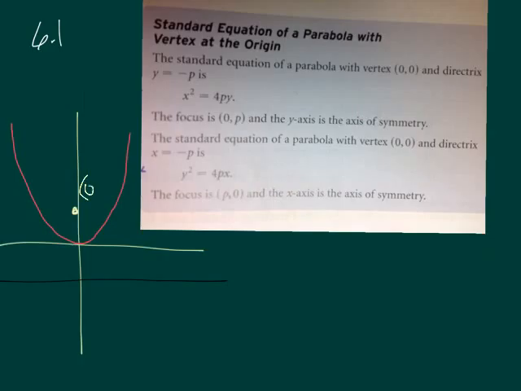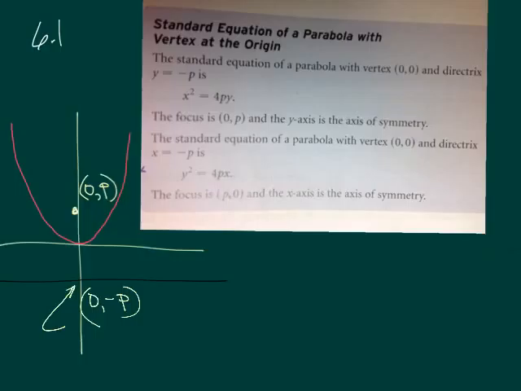My x value is 0, and I went up p. Notice the directrix point there is at 0, negative p.